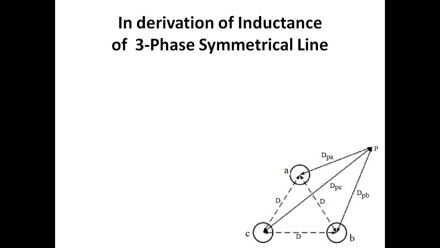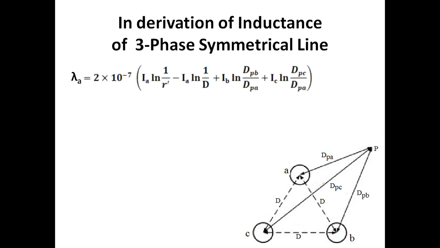Now, in this derivation, we see the flux linkages for phase A conductor: lambda A equals 2 into 10 to the power minus 7 IA ln 1 by R dash minus IA ln 1 by D plus IB ln dPB by dPA plus IC ln dPC by dPA.